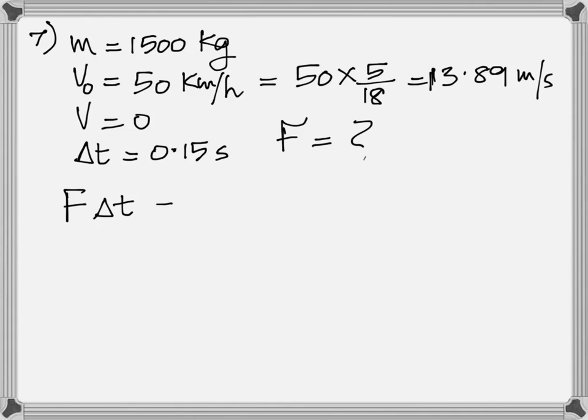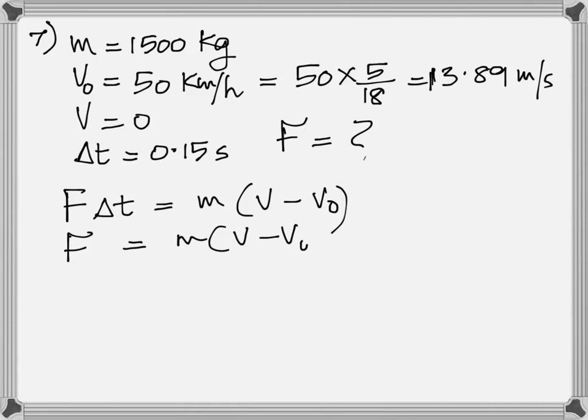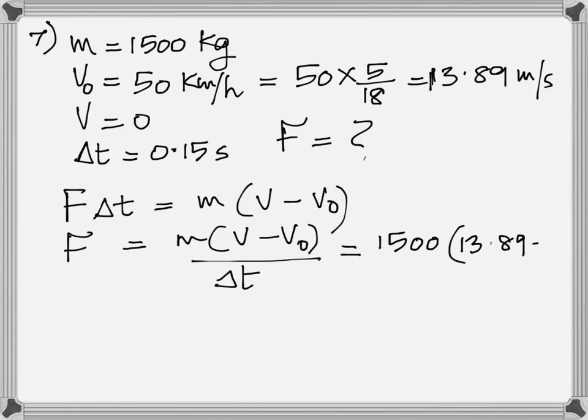The time of impact is 0.15 seconds. So again, set the two equations for impulse equal to each other to find the force. Plug in the numbers carefully to get the answer.